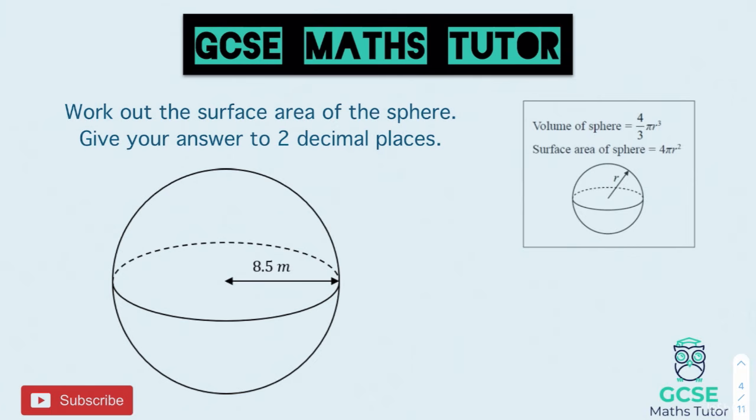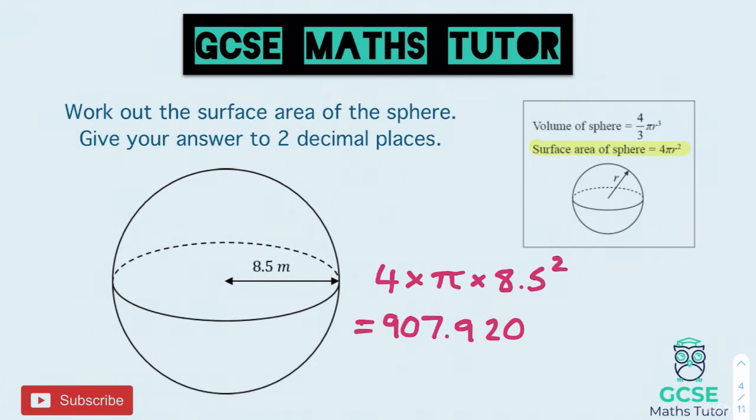Okay, so we are going to work out the surface area, so we are using our surface area formula. So we're going to do 4 times pi times the radius squared, so times 8.5 squared. Now if we type that in, let's see what we get. So 4 times pi times 8.5 squared, and that gives us a final answer when we convert that to a decimal as 907.9202769.